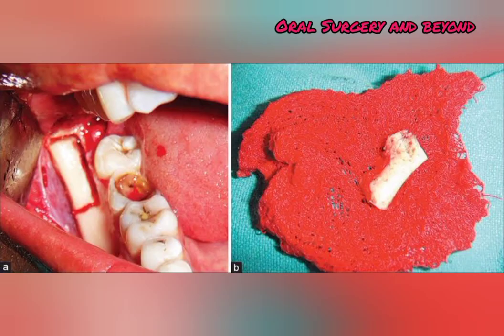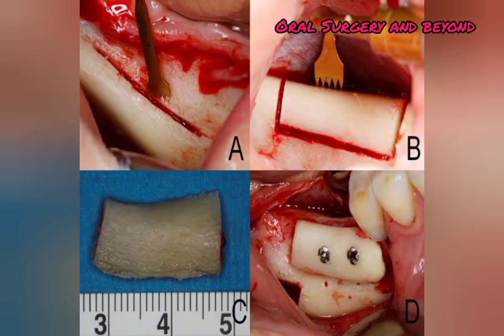In this clinical picture, we have harvested cortical autologous bone graft from the buccal cortical bone of the second molar and third molar region. This harvested bone graft is used for implant surgery or other surgeries for the preservation of bone and the formation of new bone.